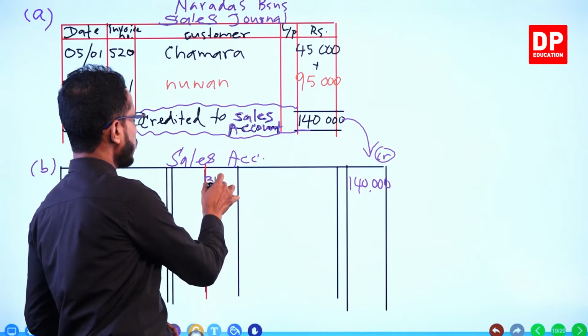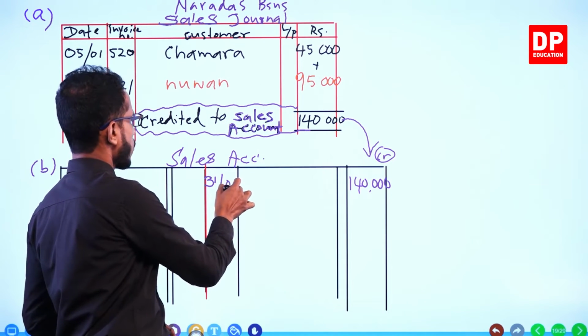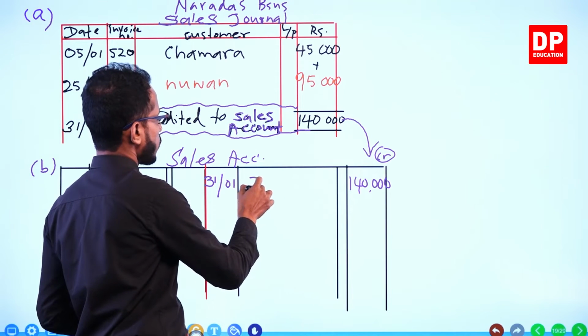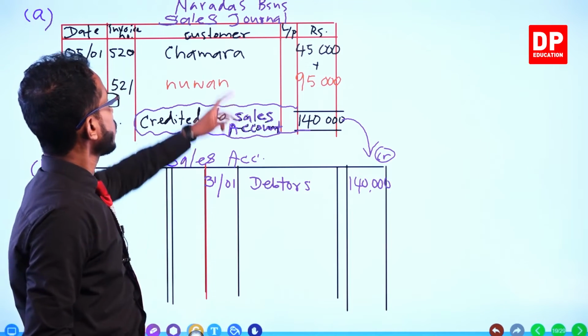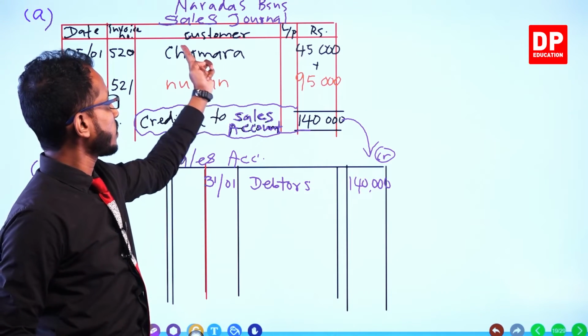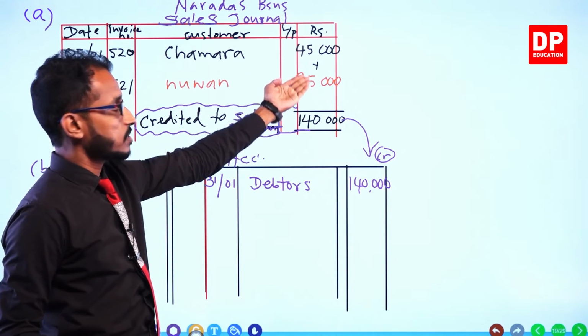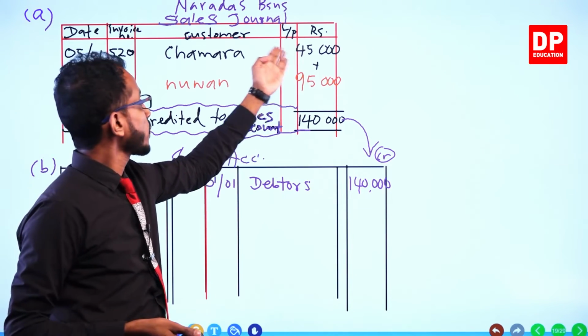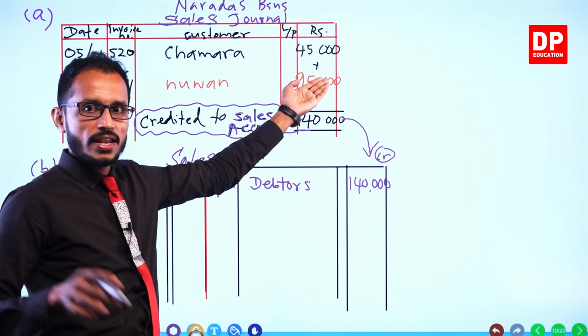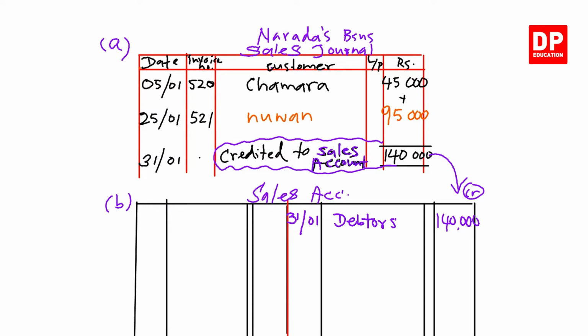31st of January you can write debtors as the description, because in the sales journal you have the customers. Customers means credit customers. We use debtors as a common name. Debtors 140,000.